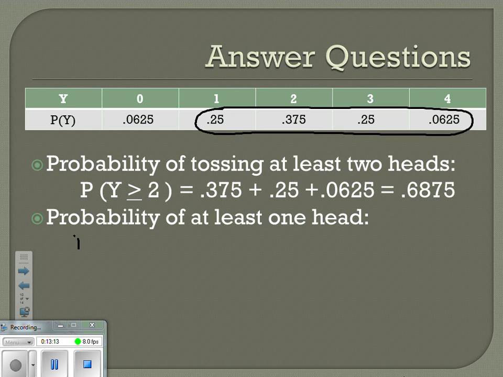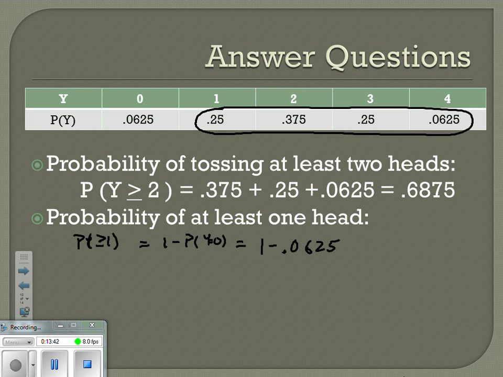We also know the probability of at least 1 head, so y is greater than or equal to 1, is also equal to 1 minus the probability of no heads. So either way, because the sample space equals 1, we could also do 1 minus 0.0625. So our complement rule still works here.